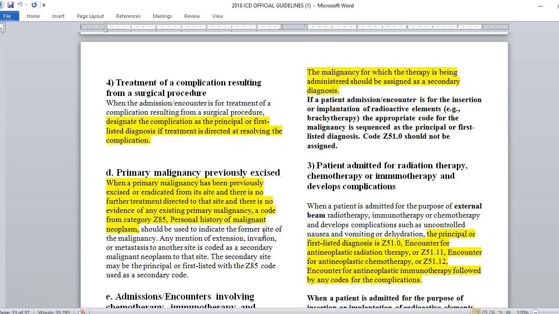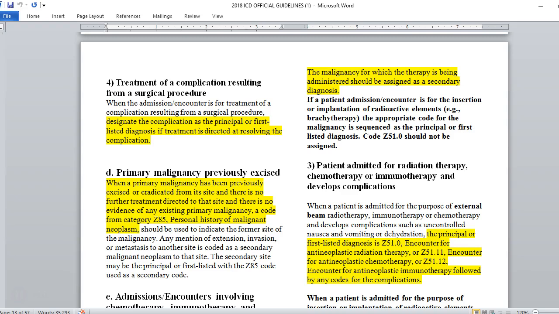So again, if the patient gets a complication, let's say they go into acute kidney failure, and we are giving the patient a variety of medications to get their kidney function back up, in this case the acute kidney failure would go first. Then we can put the cancer and then anything else that's going on, because we are actually treating the problem, the complication itself. The complication is going to go first. It is the reason for the treatment.